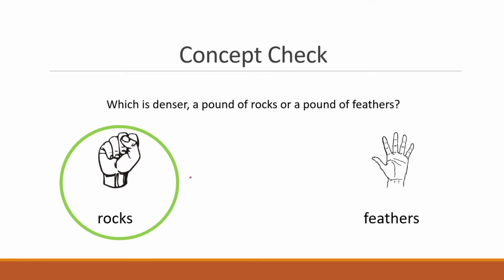You're going to be able to fit a pound of rocks in a small bag, whereas a pound of feathers, you're going to have a lot more space to have a pound of feathers. Because they're the same mass, you want to find which one has the smaller volume to have a bigger density.